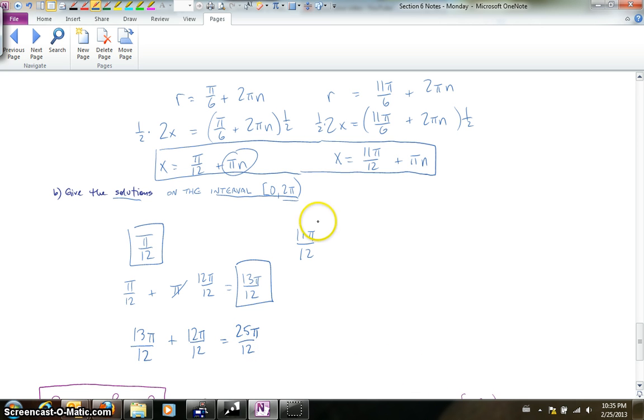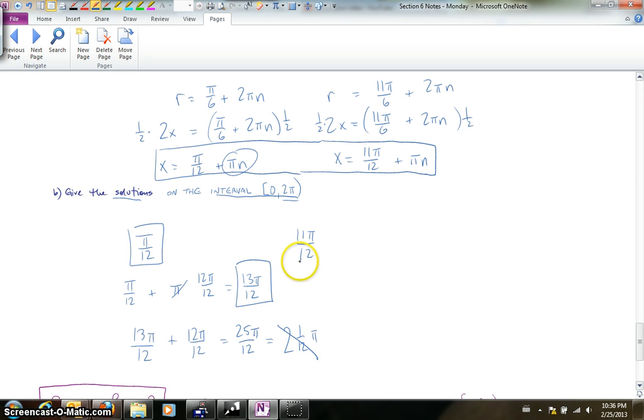You may not know whether or not that is on the interval 0 to 2 pi, but if you turn it into a mixed number, that's going to be 2 and 1/12 pi. So that's past the interval 2 pi, so we're not going to have that in our solution.